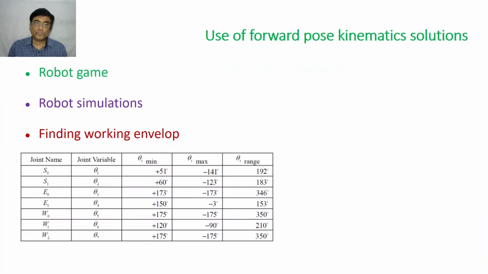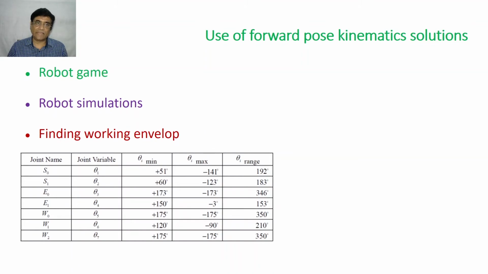Now what can we do with this forward pose model? Nothing much. We can simulate in a graphical way. If you have a robot model, use computer graphics. You can give theta 1, theta 2, theta 3, theta 7, and it will move from here. Then what else can you do?